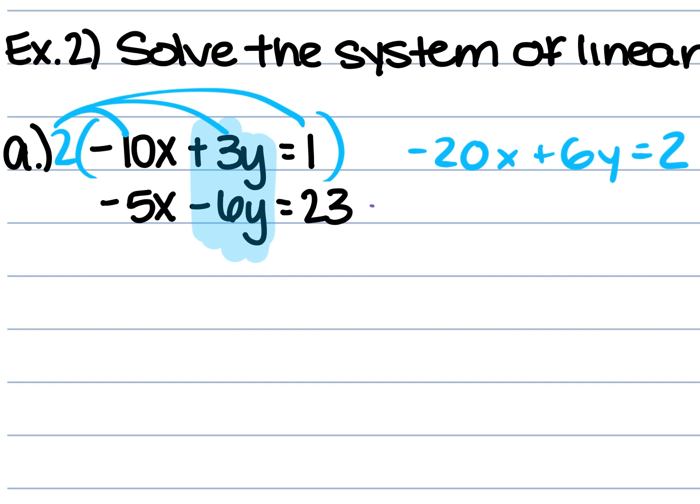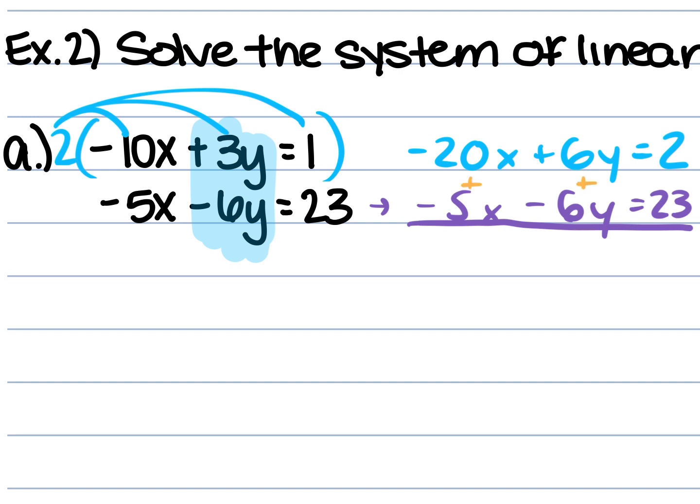I'm going to rewrite my second equation right below it just to make it easier for us to combine. Do I have the same number but opposites now? Yeah. So we're going to combine all of our like terms. What's negative 20x minus 5x? Negative 25x. What happens to the y's?